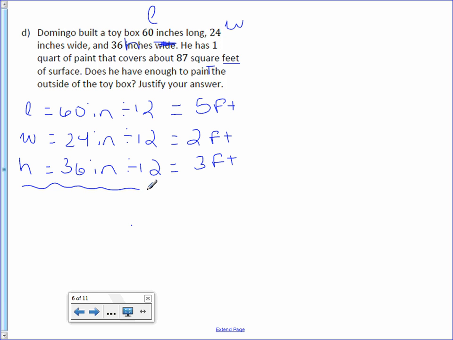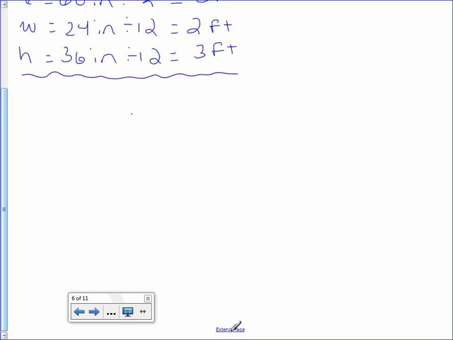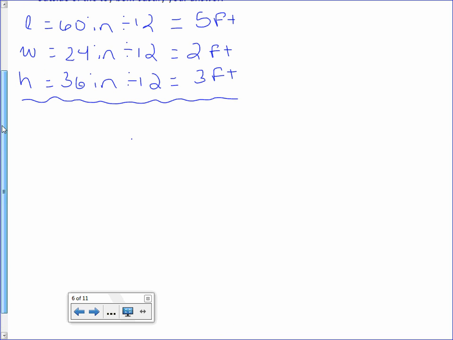We're talking about painting the outside of a toy box, so we're really discussing surface area. So let's start with our formula. Surface area equals 2 times length times width plus 2 times length times height plus 2 times width times height.